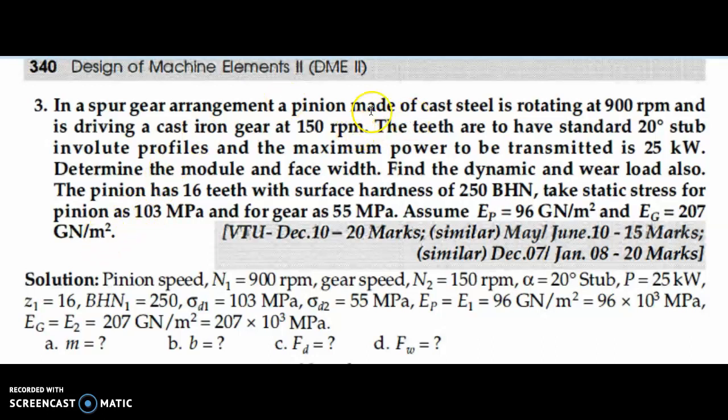In our question, the material for the pinion is cast steel and the material for the gear is cast iron. So different materials are used for this gear system.